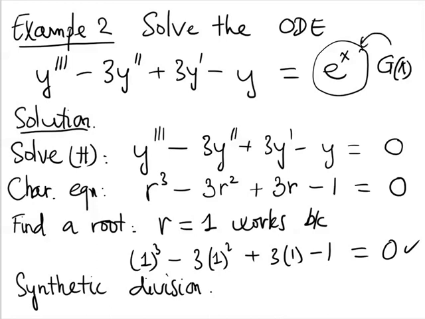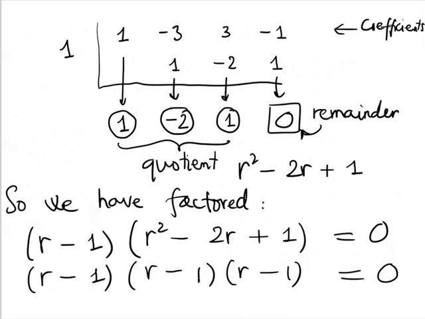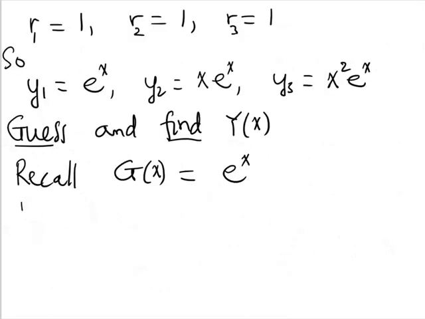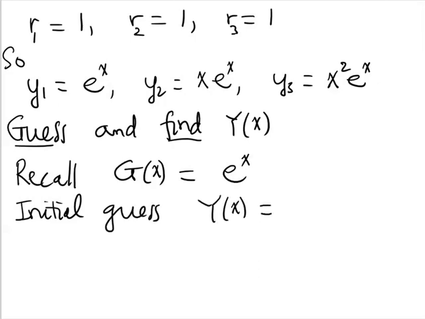So our initial guess for capital Y will be a times e to the x. This is a constant multiple of e to the x.